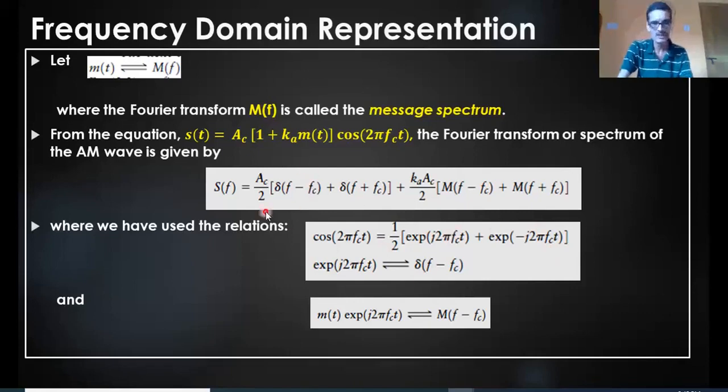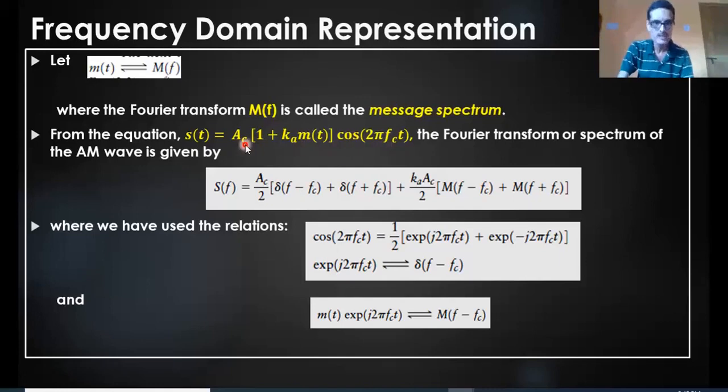So it is Ac by 2 into the term exponential j 2 pi fc t, which is represented as delta of f minus fc, a delta function shifted by a frequency of fc, plus exponential minus j 2 pi fc t, whose Fourier transform is delta of f minus of minus fc, which is plus fc. So I get delta of f minus fc plus delta of f plus fc. That is from the first term, Ac into 1 into cos 2 pi fc t.